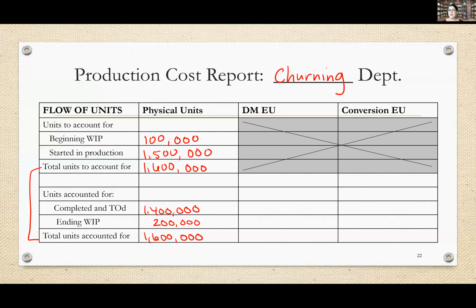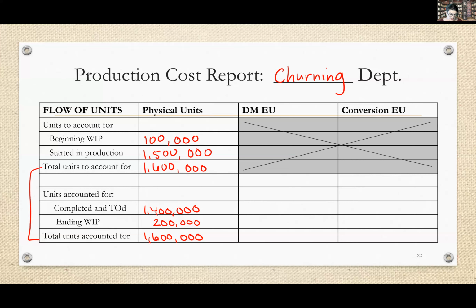All right, so now that my totals equal, I'm going to start looking at these equivalent units. On these whole units to account for, we don't have any equivalent units. That's why it's grayed out here. These are just how many units we have in general. Now I'm going to look at my equivalent units.